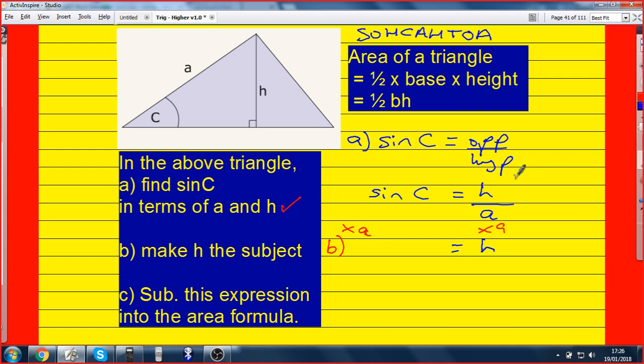Multiplied by 9. We don't have any numbers.